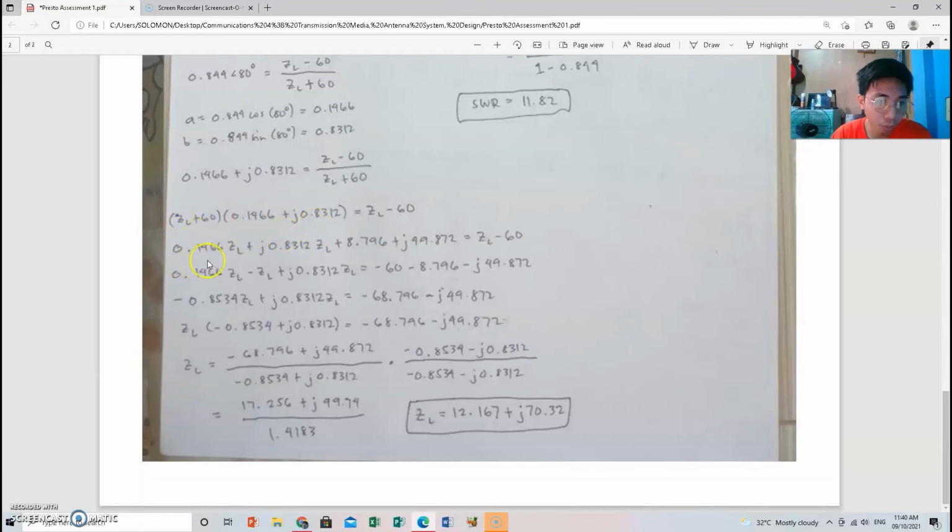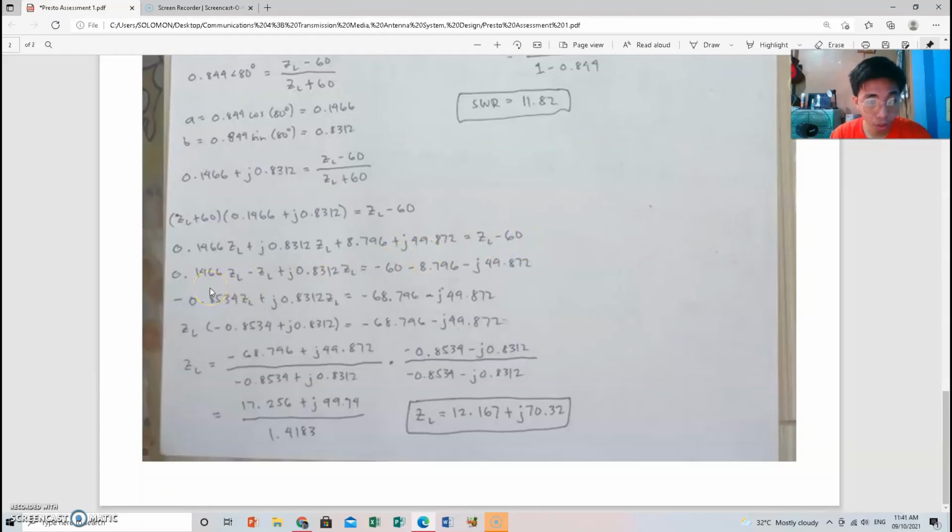So we have 0.1466 ZL by multiplying this, plus J 0.8312 ZL. And again, this one, multiply, so that becomes plus 8.796, and lastly, multiply these two terms, plus J 49.872. And again, the right side will be equal to ZL minus 60.